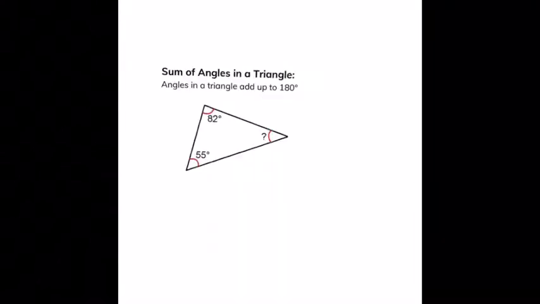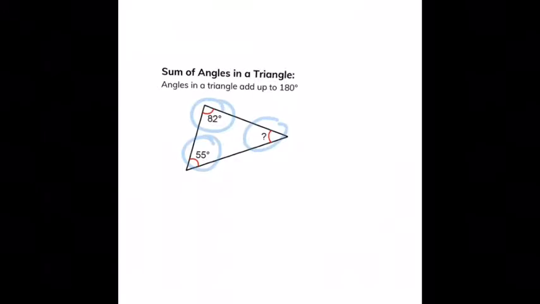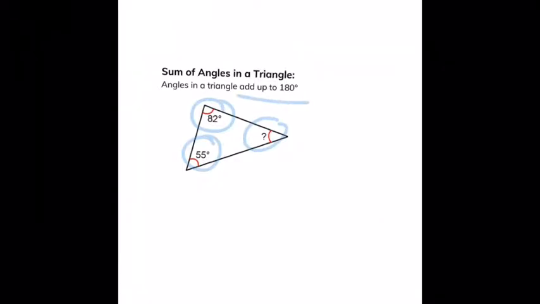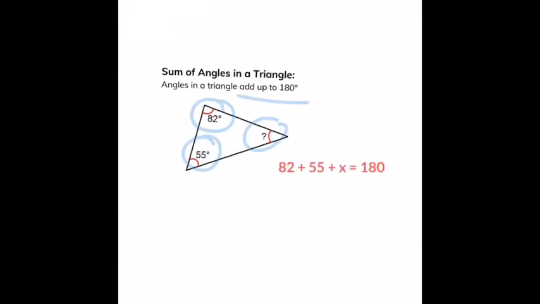So based on this mathematical law, we can find the missing angle in any triangle. If all these angles need to add up to 180, then we can use algebra to solve. If 82 plus 55 plus the unknown angle must equal 180 degrees, then we can just isolate x by subtracting 82 and 55 from both sides.